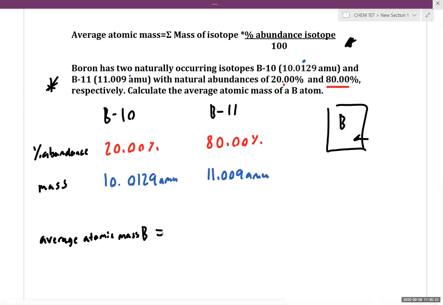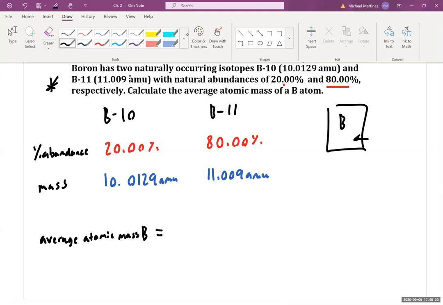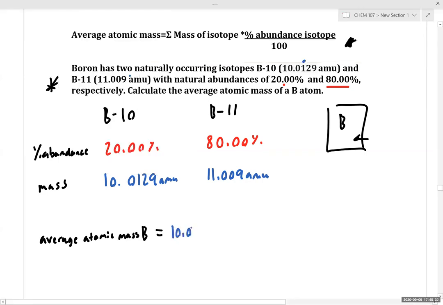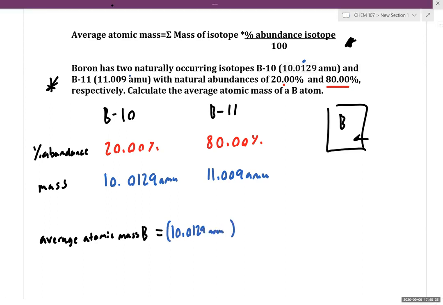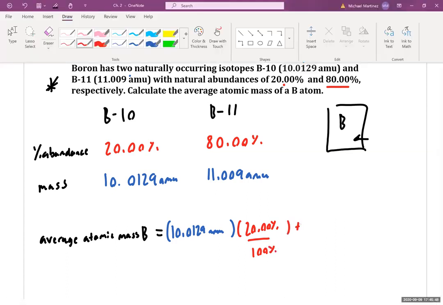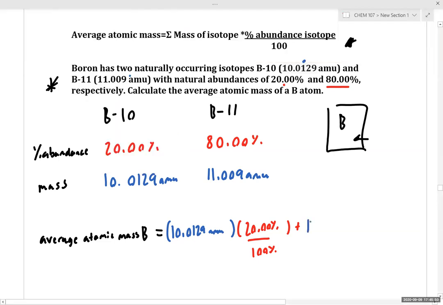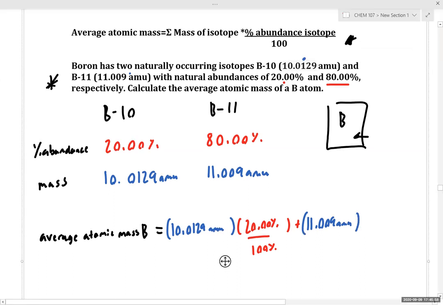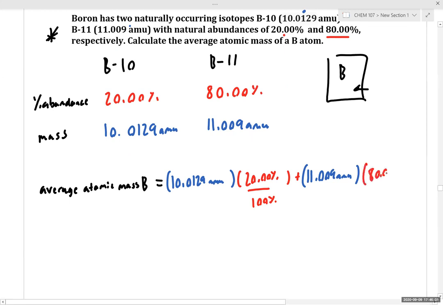which in this case would be the mass of boron 10 times the percent abundance of boron 10 over 100%, plus the mass of boron 11 times the percentage of boron 11 over 100%.